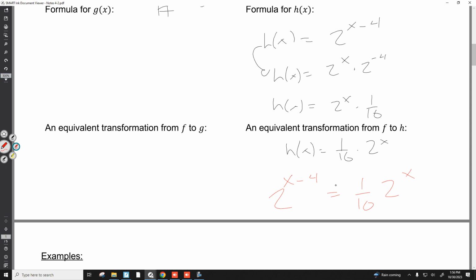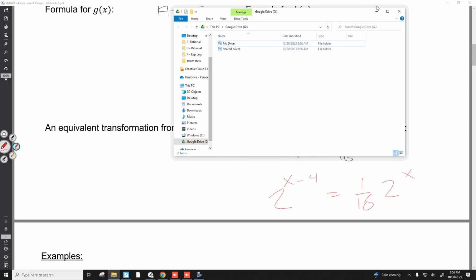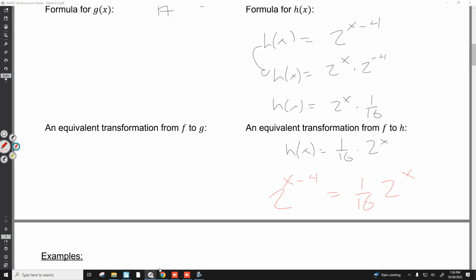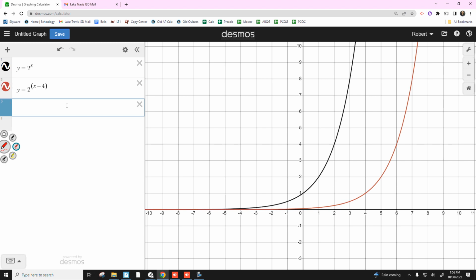You take 2 to the x and you vertically dilate it by a factor of 1/16. And look, guys, it's on the same graph as 2 to the x minus 4.